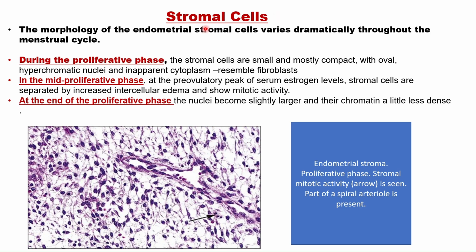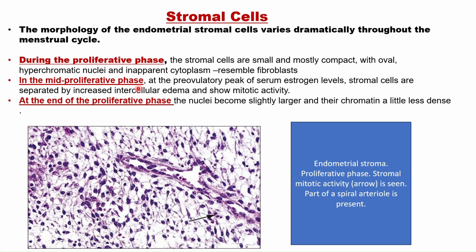Now, the second component is stromal cells. The morphology of the endometrial stromal cells varies dramatically throughout the menstrual cycle. During the proliferative phase, the stromal cells are small and mostly compact with ovoid hyperchromatic nuclei and inapparent cytoplasm, and resemble fibroblasts.